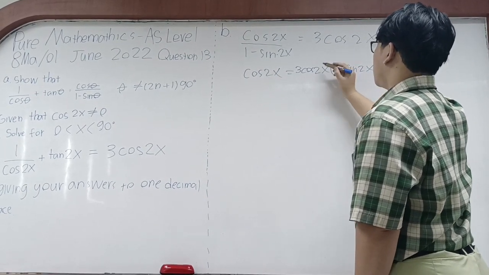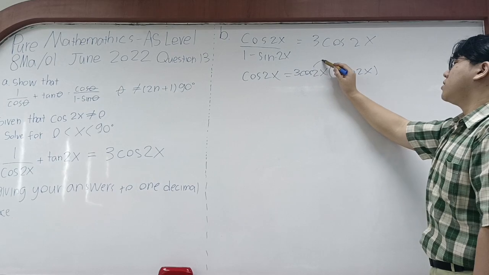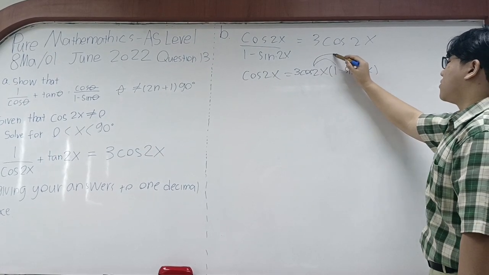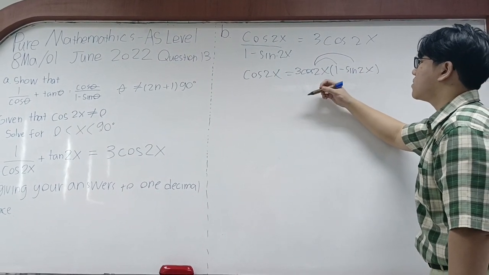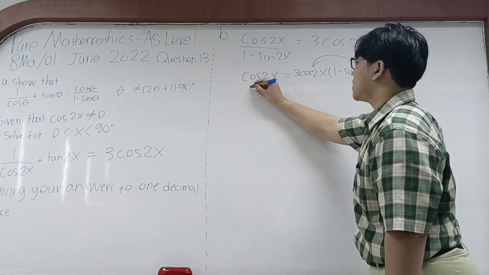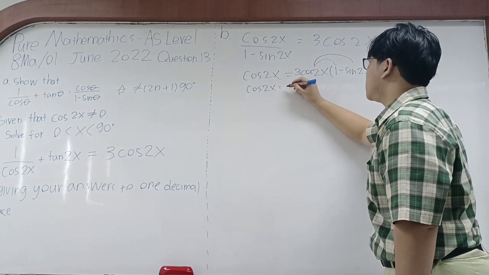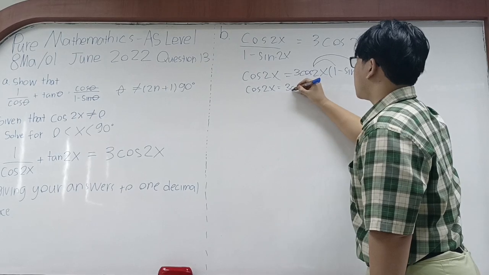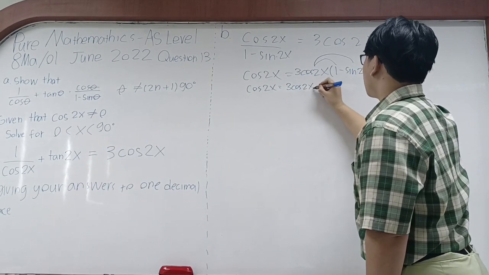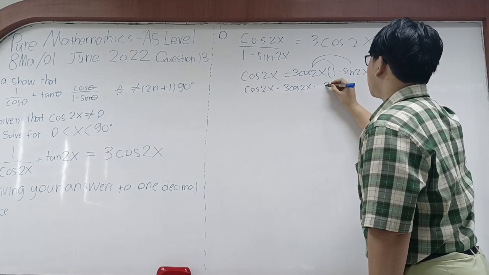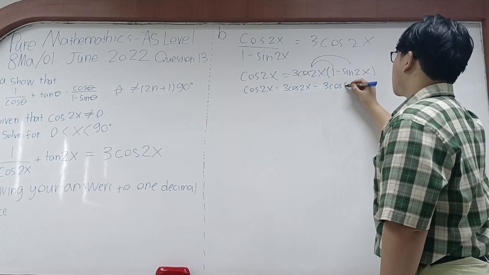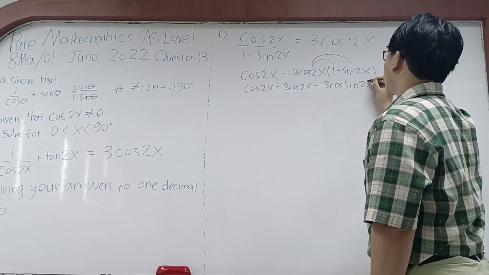Now for this, we're just going to do rainbow multiplication. Multiplying this with 1 and minus sin 2x, which will give us cos 2x equals 3 cos 2x minus 3 cos 2x sin 2x.